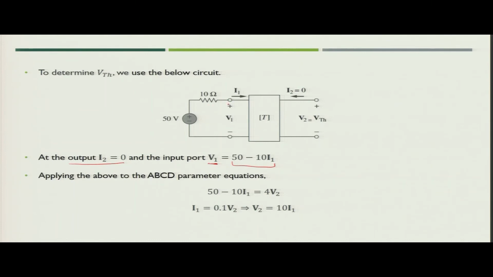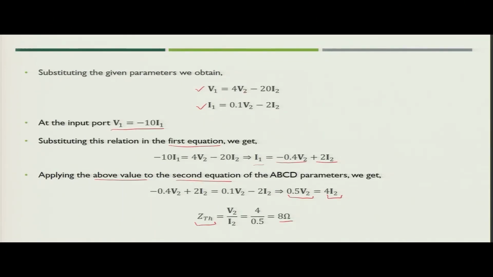So, if you see the value of V1, that is 50 minus the current flowing, if current flowing in this direction, this will become 50 minus 10 I1. Now, we apply this to ABCD parameter equations. What we can write? We can write 50 minus 10 I1 equal to 4 of V2, because V1 is equal to 4 of V2 and we set I2 is equal to 0.